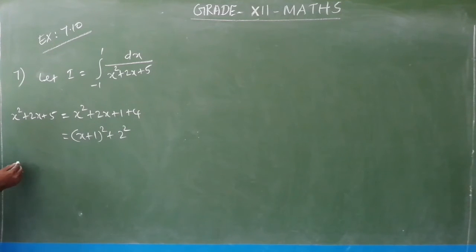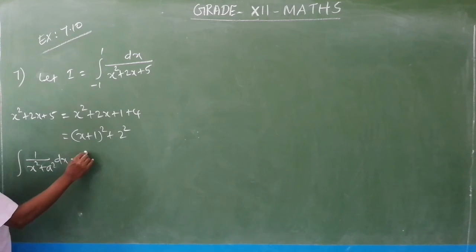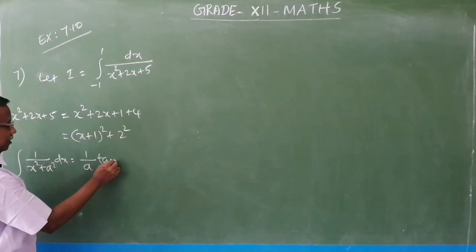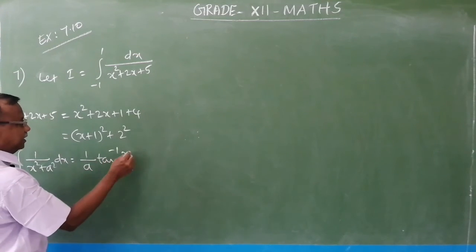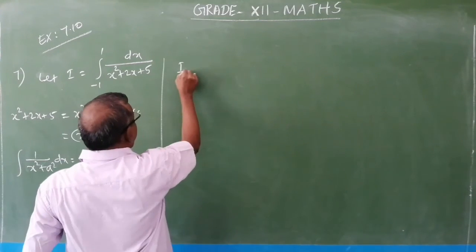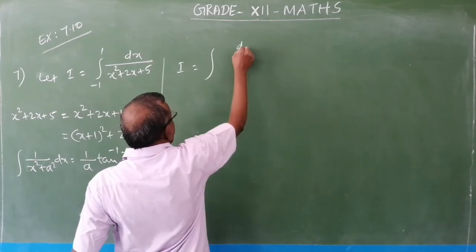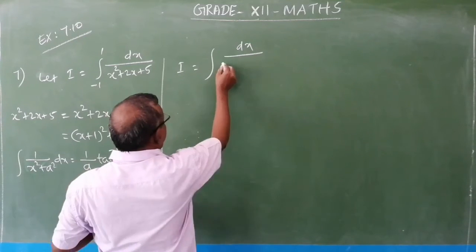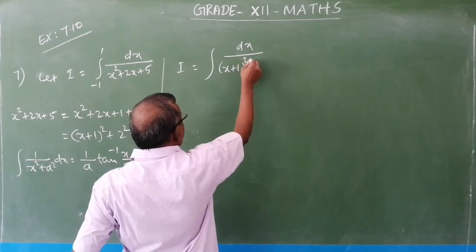We know a formula: integral of 1 by x square plus a square into dx equal to 1 by a into tan inverse of x by a plus c. So, accordingly I equal to the integral of dx divided by x plus 1 the whole square plus 2 square.